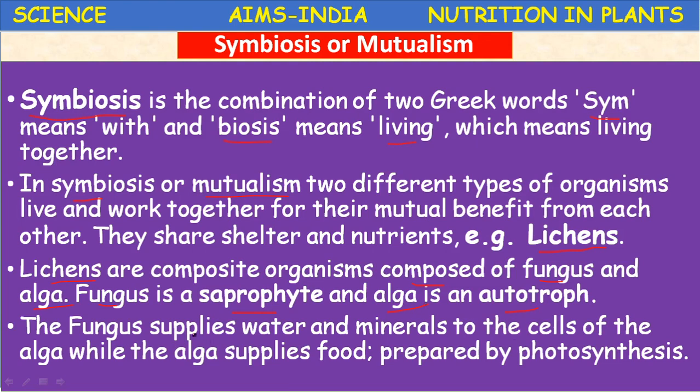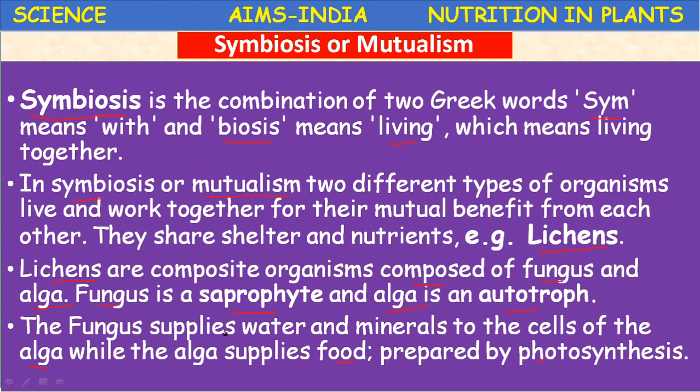The fungus supplies water and minerals to the cells of the alga, whereas the alga provides food and shelter to the fungus. The alga supplies food prepared by photosynthesis, because algae are green, containing chlorophyll.